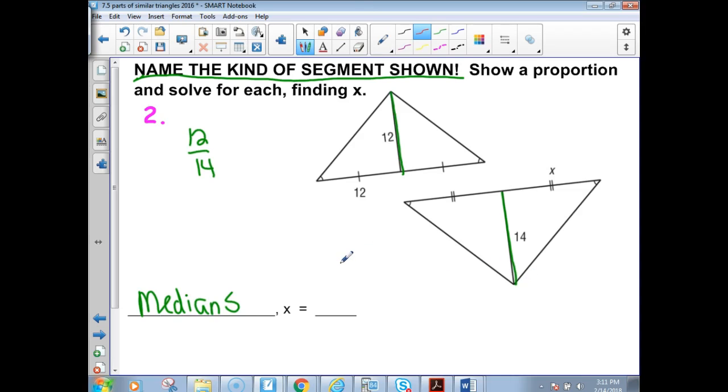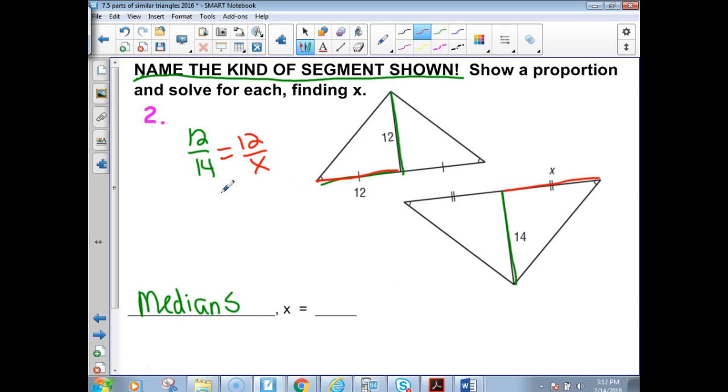Which would be consistent with what you started with? You went 12 over 14. Yes, ma'am. It has to be 12 over x. Otherwise, you're going to get it wrong, because your proportion wouldn't be true. It wouldn't be comparing the same order.